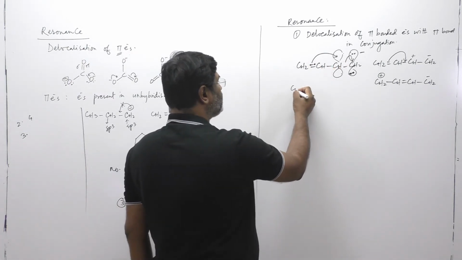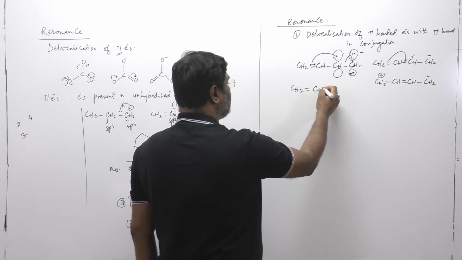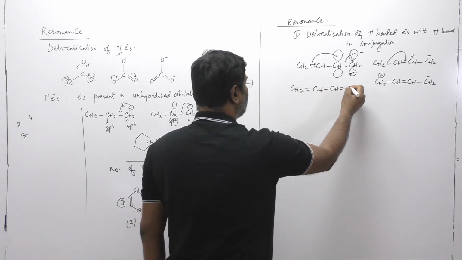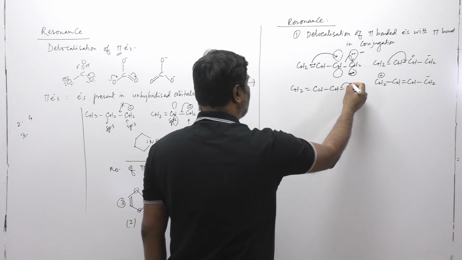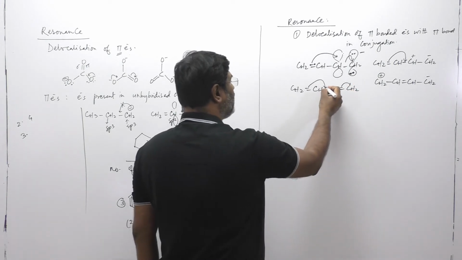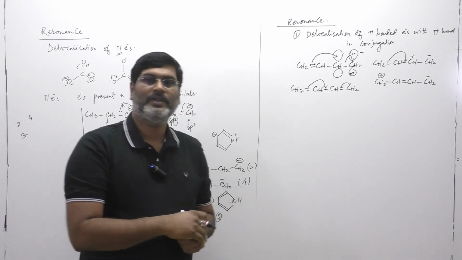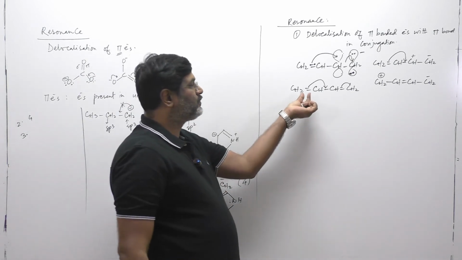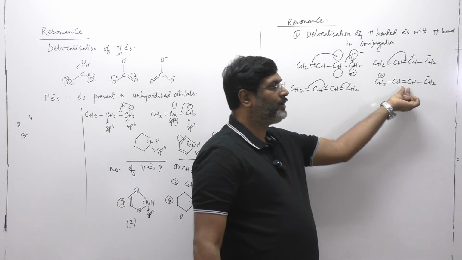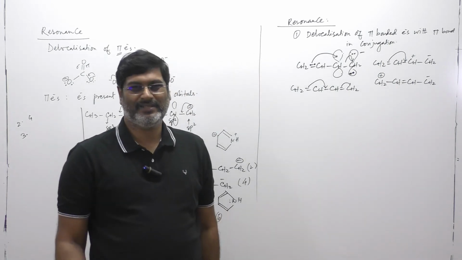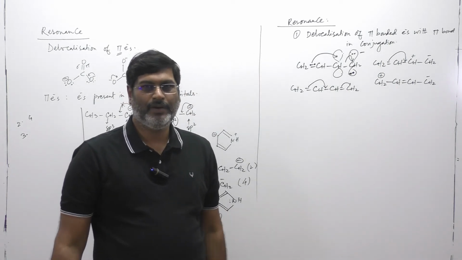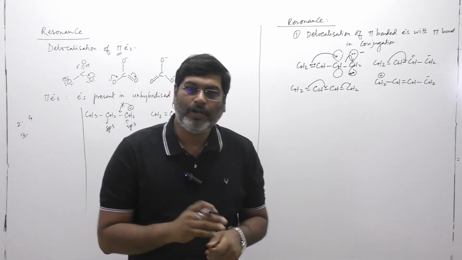It was CH2 double bond CH, CH double bond CH2, and we have written it like this. Again this one like this. Electrons move, changing their place. In this case the pi bond is here, now the pi bond is there. It is delocalized, correct or not? This is called delocalization.